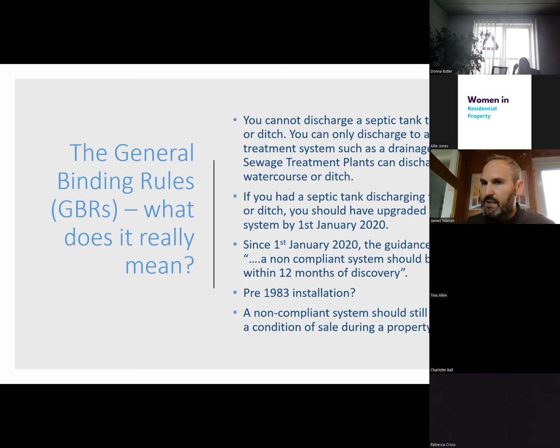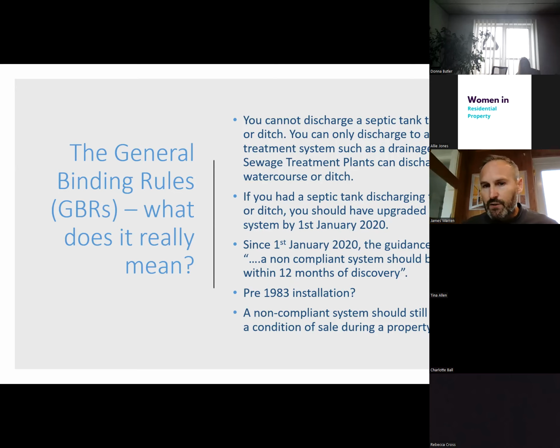The further issue with that statement, though, was that there's no legal duty on the company or persons that found or discovered a non-compliant system to let the environmental regulator know about it to start that clock ticking. So this really comes down to the honesty and integrity of anyone involved in an off-mains drainage system to acknowledge that there is a problem and then progress with it in a compliant fashion to adhere to the new regulations.